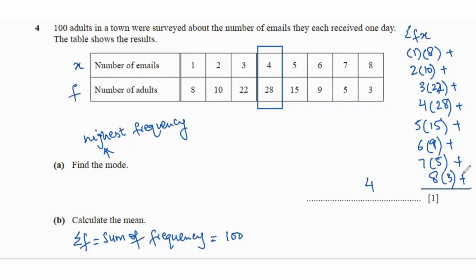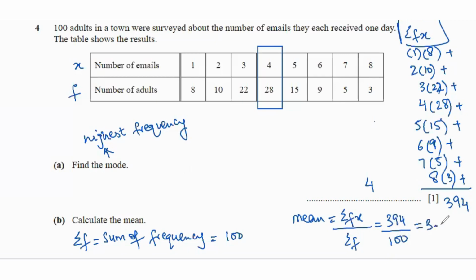So if we add all of these, that's 394. So sigma fx is 394 and sigma f is 100. So mean is going to be sigma fx divided by sigma f, which is 394 over 100, and that's 3.94.